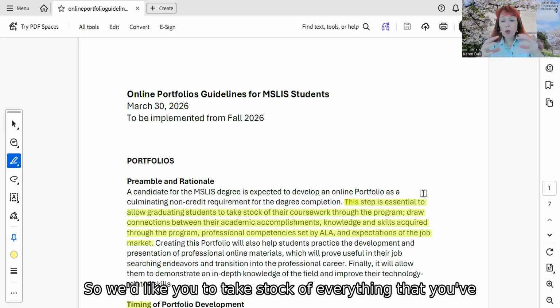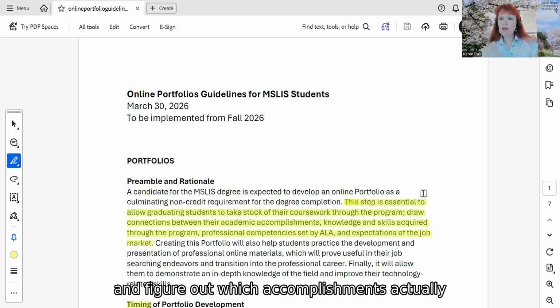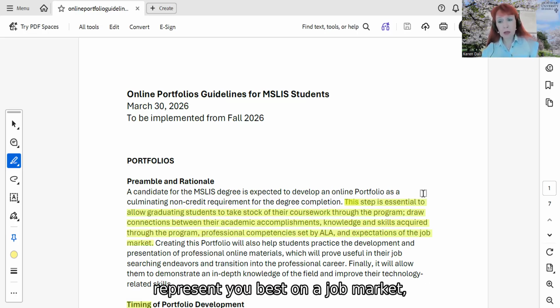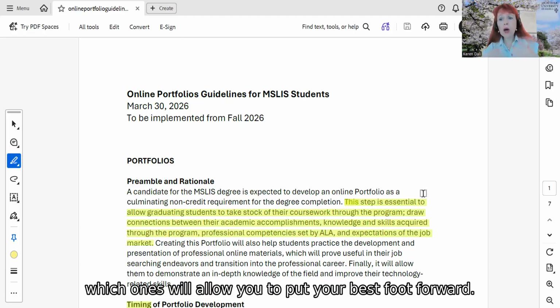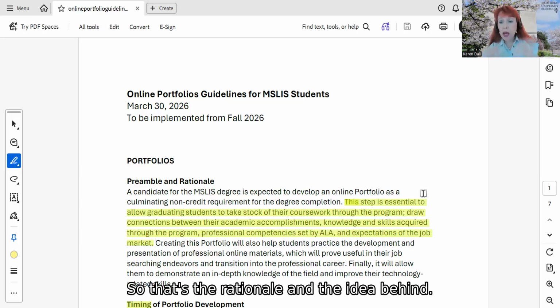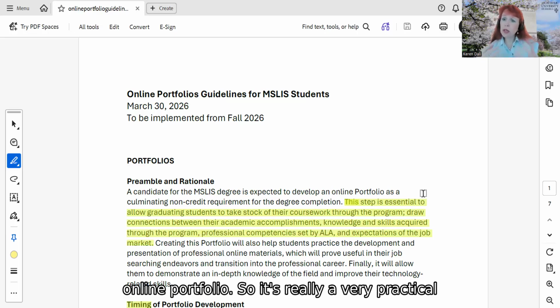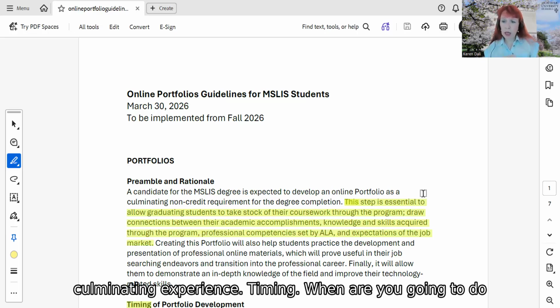So we'd like you to take stock of everything that you've done in the program and figure out which accomplishments actually represent you best on the job market, which ones will allow you to put your best foot forward. So that's the rationale and the idea behind online portfolio. So it's really a very practical culminating experience.